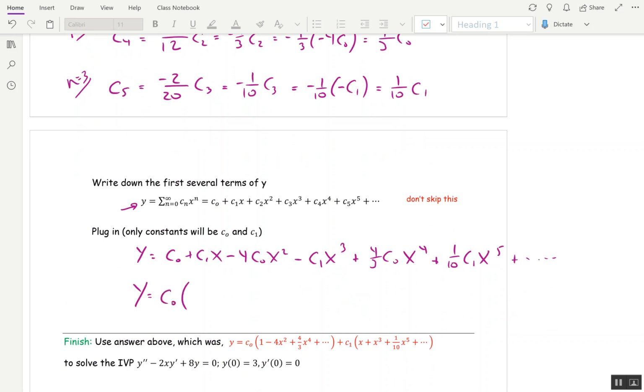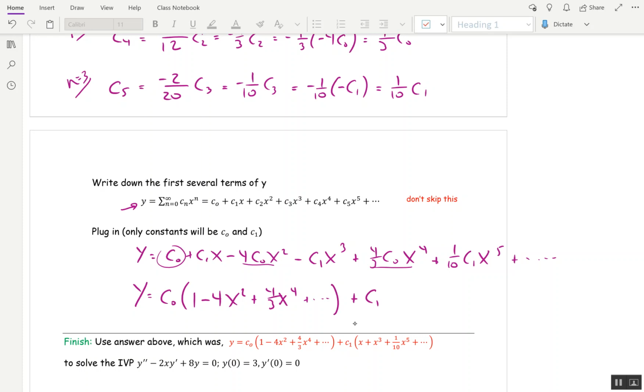So factor out a C0 and write down all the terms we get that have a C0 in them. So 1 minus 4x squared, that's this one, and then plus 4/3 x to the fourth, that's this one, and that's all I have. I'll just put plus dot dot dot. That's all I have for now with a C0 in it.